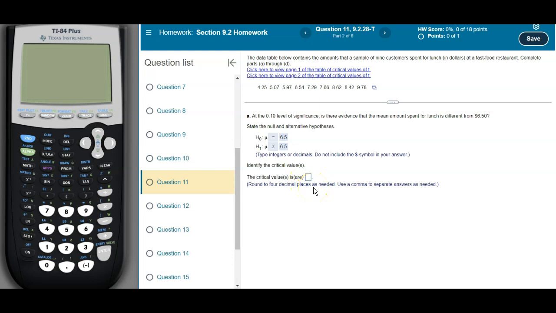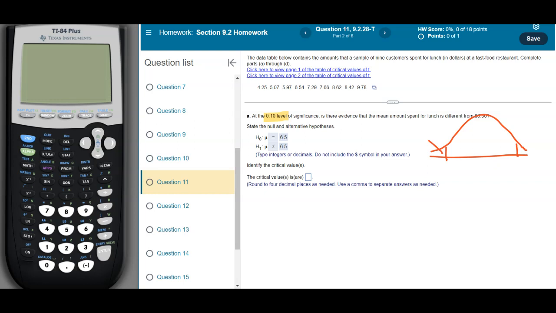In order to get the critical value, you need to always refer to the alpha. The alpha is given right here, which is 0.1. Let me explain that we are in 2 tails mode, and the alpha is going to be split in 2.